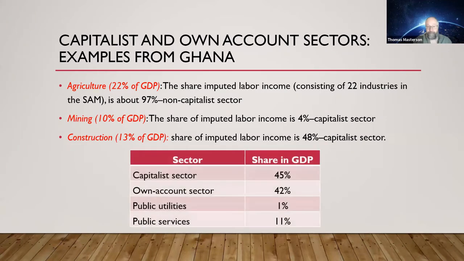So the breakdown by the share of GDP: the capitalist sectors are 45%, the own account sector is 42%, public utilities is 1%, that's electricity and so on, and then public services is 11%.